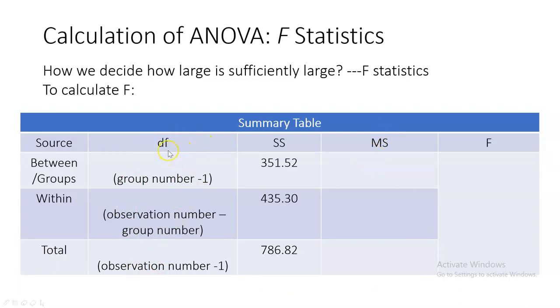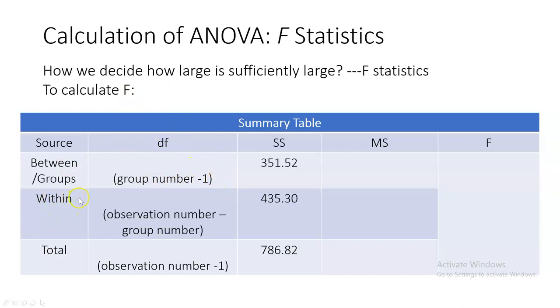So let's talk about degree of freedom first. For the degree of freedom for between groups, it is the group number minus 1. Remember, between groups, we want to look at how each group mean is different from their grand mean. So the degree of freedom is the group number minus 1.